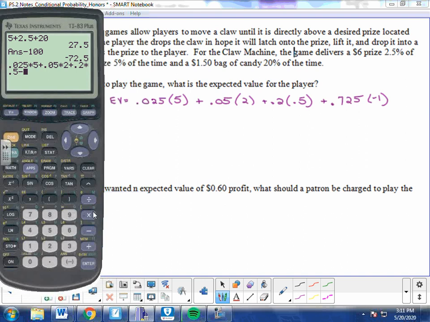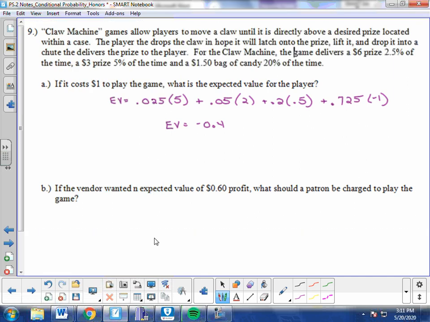I'll just go ahead and subtract 0.725. And this gives me an expected value of negative 0.4. So what this means is that for every dollar that we spend in here, over time, we can expect to lose 40 cents.